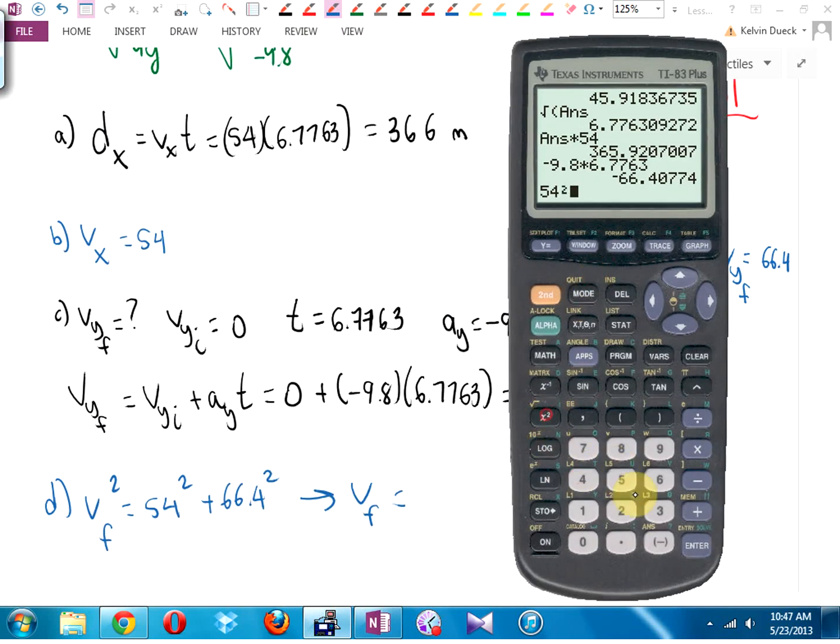And although it's negative, when I square it, I'll lose the negative anyways. I don't care. Square root. It's going to be traveling at an angle 85.6 meters per second.